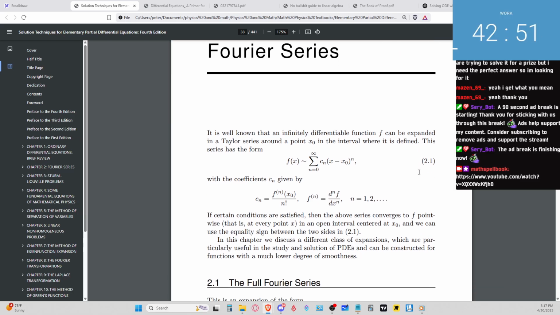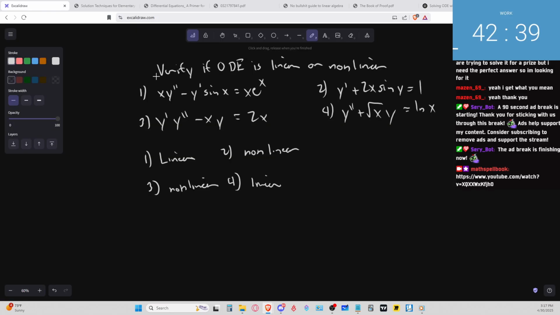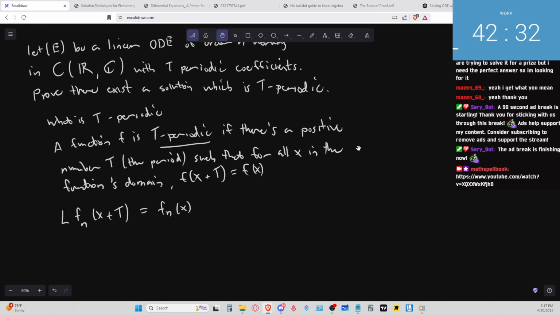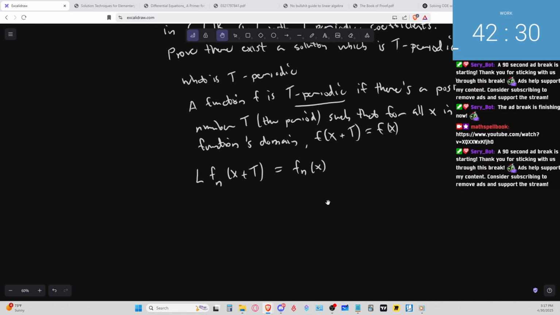It is well known that infinitely differentiable function f can be expanded in a Taylor series around. Oh, maybe that could give us a hint to what Mathodux was trying to show us with his problem. So maybe we can write a little bit something in our notes. Taylor series.